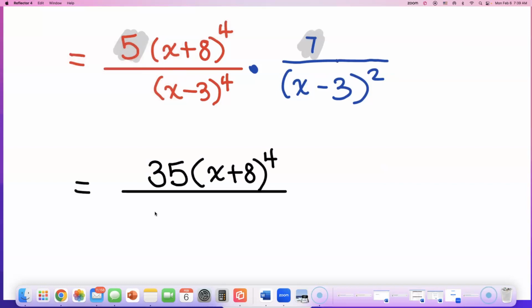Now, I want you to look at the denominator. This is good, because we have x minus 3 to the 4th power, x minus 3 to the 2nd power, right? When the bases are the same and we're multiplying these powers, we can just add the exponents. So, the denominator will be x minus 3 raised to the 4 plus 2, 6 power.